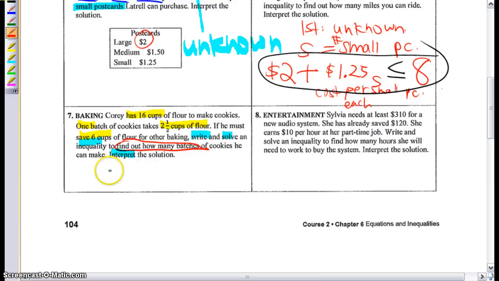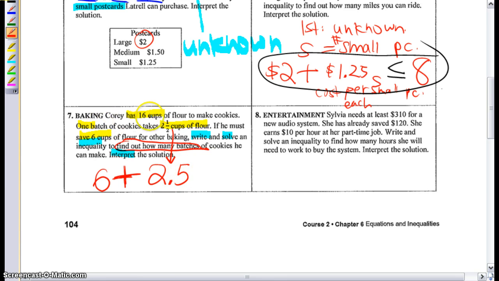So we're going to start with the 6 cups he's saving. Plus, now he's adding, because he's got a certain number of batches, 2.5 cups as a decimal, so it'll be easier in our calculator.